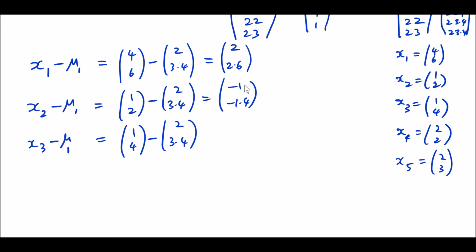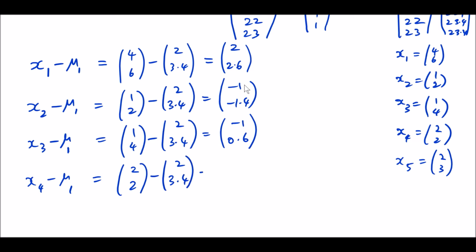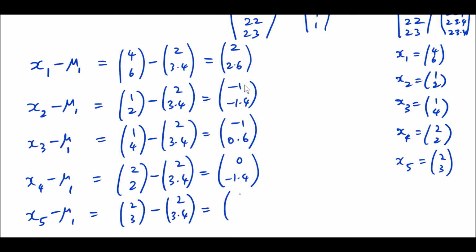We have only one mean, that is mu1. So we get minus 1.6 for x3, and x4 minus mu1 is 2 2 minus 2 3.4, which is 0, minus 1.4. x5 minus mu1 is 2 3 minus 2 3.4, which is 0, minus 0.4.